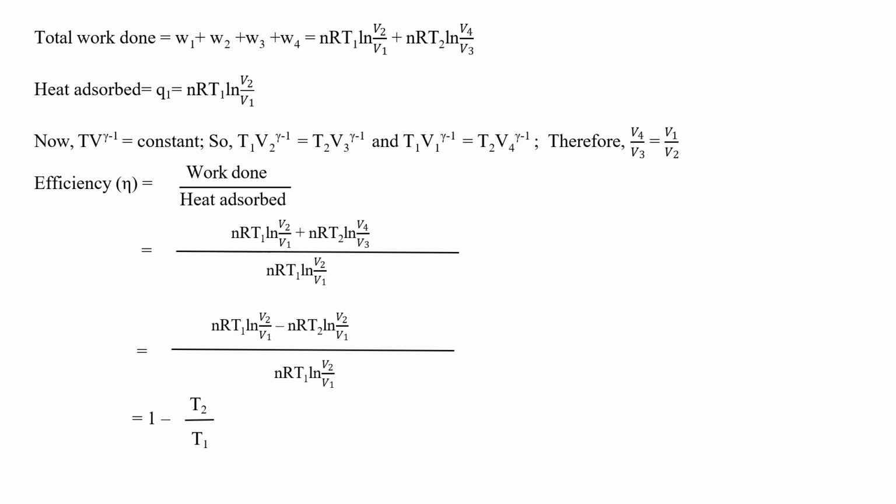We can replace V4 by V3 using V4 by V3 equal to V1 by V2. So we write (nRT1 ln V2 by V1 minus nRT2 ln V2 by V1) divided by nRT1 ln V2 by V1. So the efficiency is equal to (T1 minus T2) by T1, or 1 minus T2 by T1, where T1 is the temperature of the hot reservoir and T2 is the temperature of the cold reservoir.